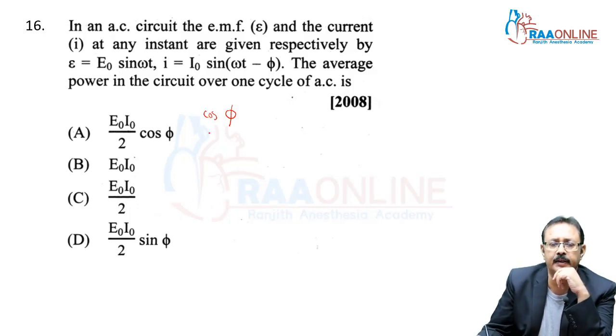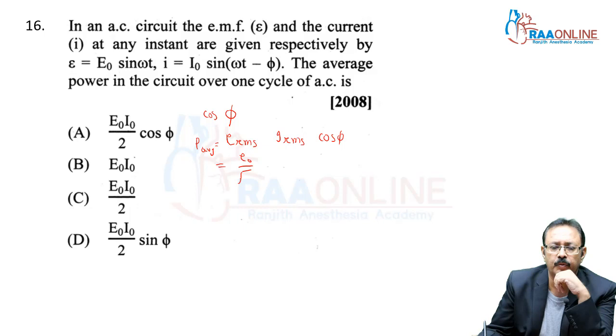So average power consumption is ERMS into IRMS into cos phi. We know the formula. What is ERMS? E naught by root 2.